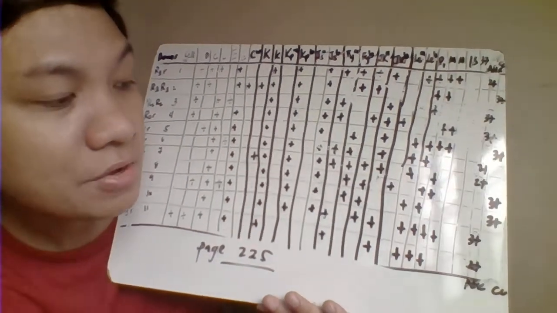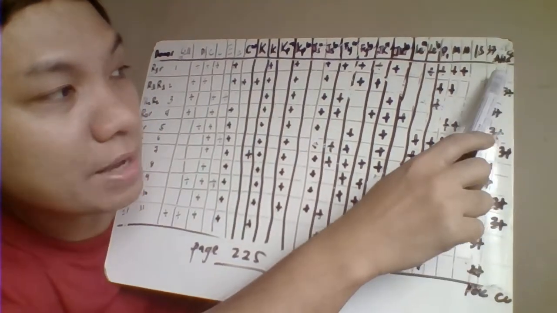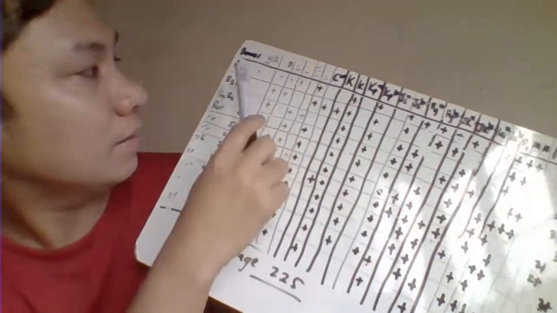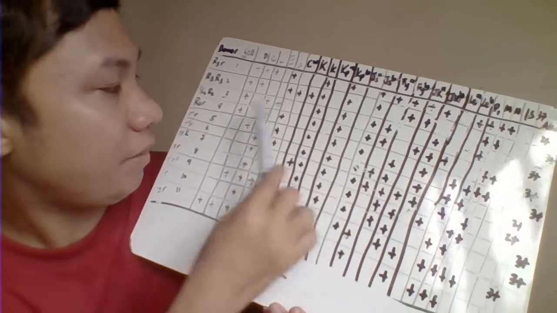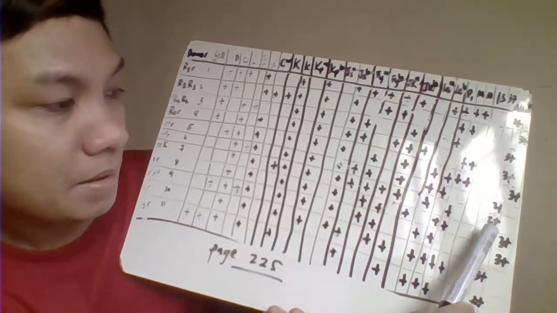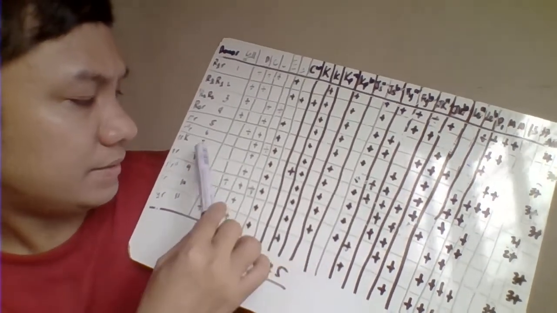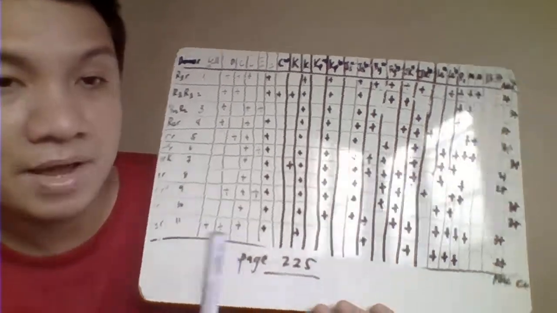But notice here in the anti-human globulin phase, we have positives. We have panel cell number 1, panel cell number 3, panel cell number 4, panel cell number 6, panel cell number 7, panel cell number 10, and panel cell number 11.